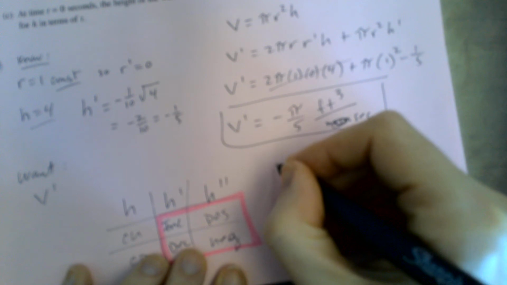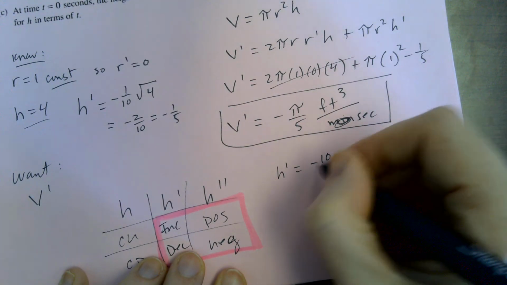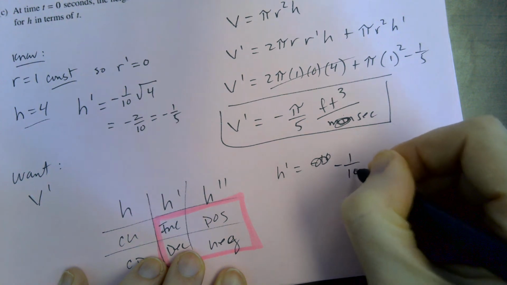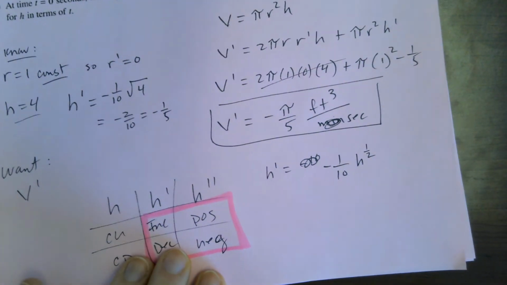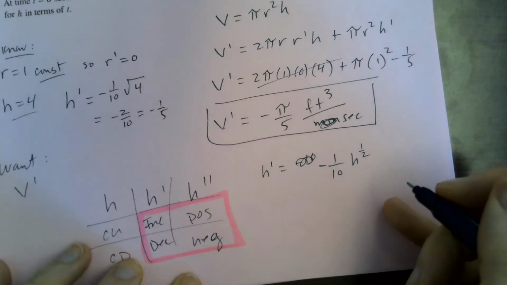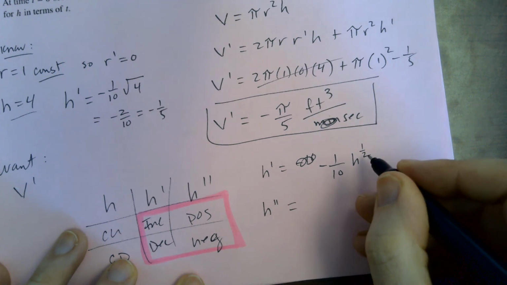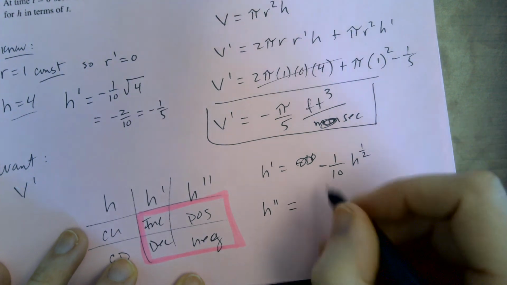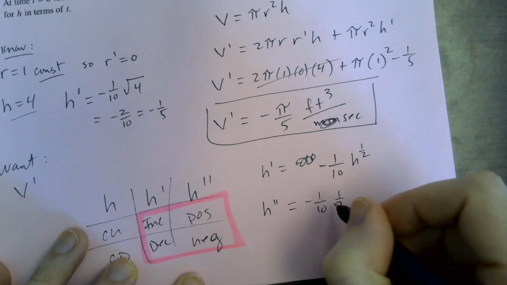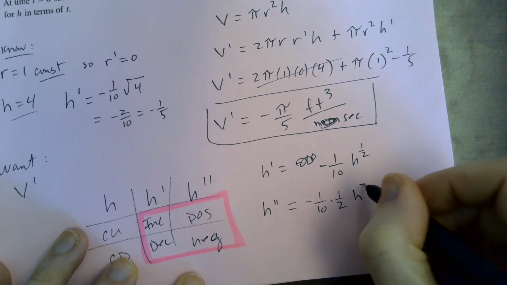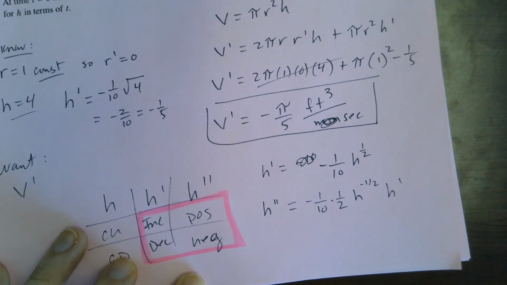I'm just going to use prime notation, because it's less writing. We have negative 1/10 H to the 1/2. If I want to take the second derivative, the 1/2 comes down, H to the negative 1/2, times H prime.